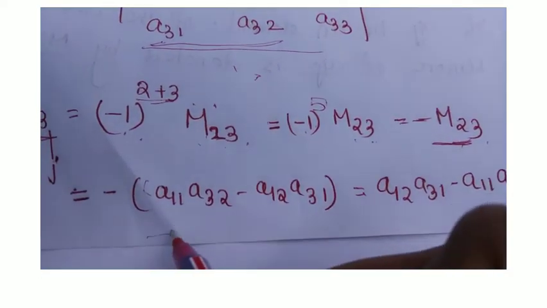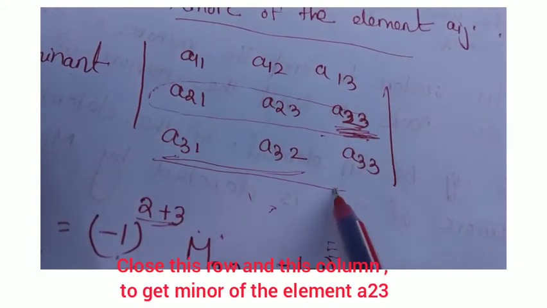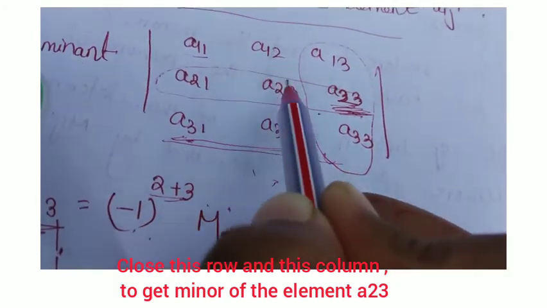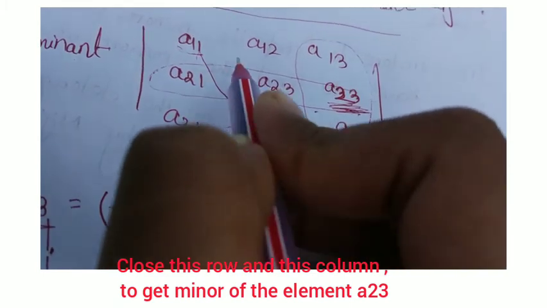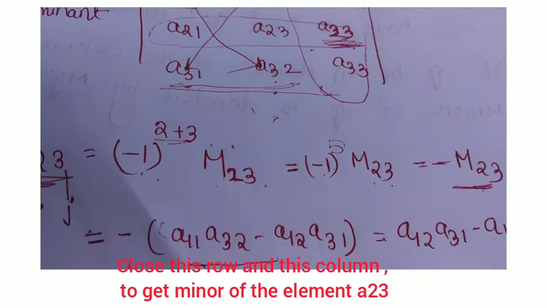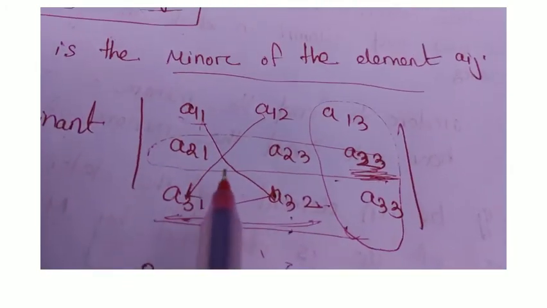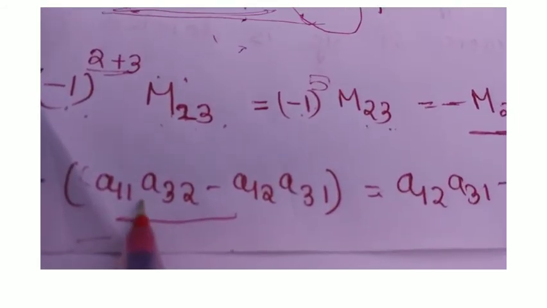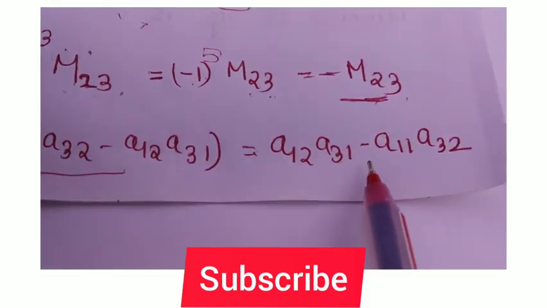Closing this row and this column, we get the second order determinant, then cross multiply: a11 a32 minus a12 a31. By multiplying with the minus sign we get this.